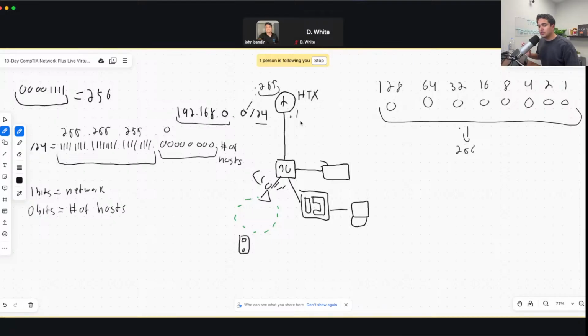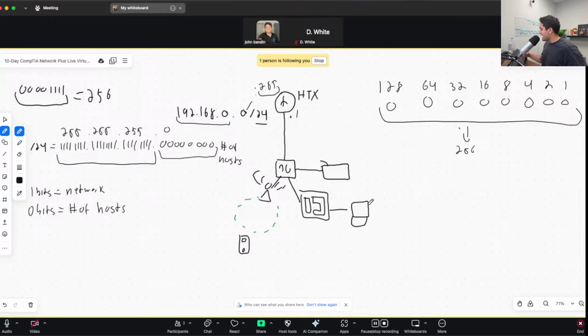And they all know that they're in each other's networks because every single device here is going to get an IP address like 192.168.0.5. This will be .10. And they're also going to have a subnet mask associated with them. And they're going to be like, oh yeah, I know my network limits are 0 through 255, so I know .0.10 is in my network because of my subnet mask here.